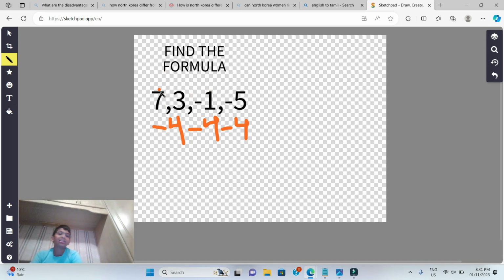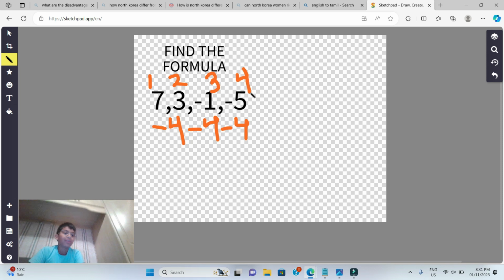And the sequence number for this is 1. This is the first one. This is 2. This is 3. This is 4. For algebra, we are going to use n. Okay, so this is our n. And the next one is 5 and so on. It continues.